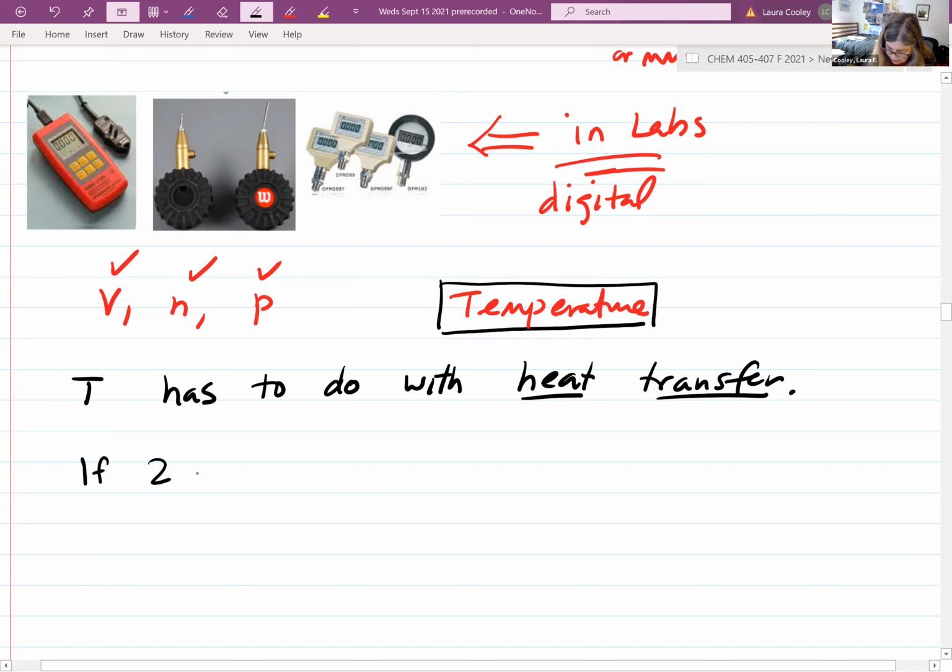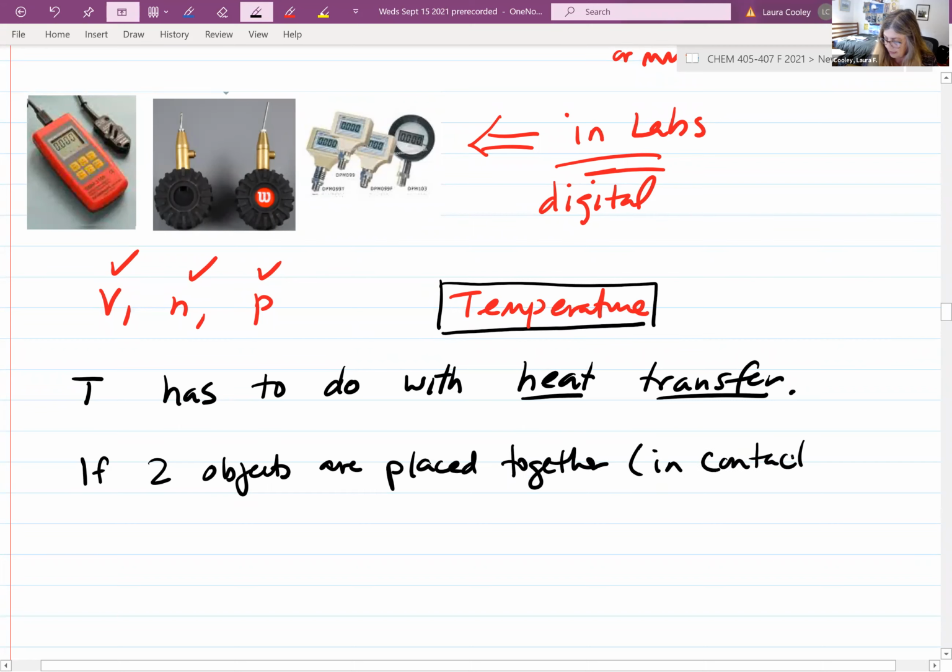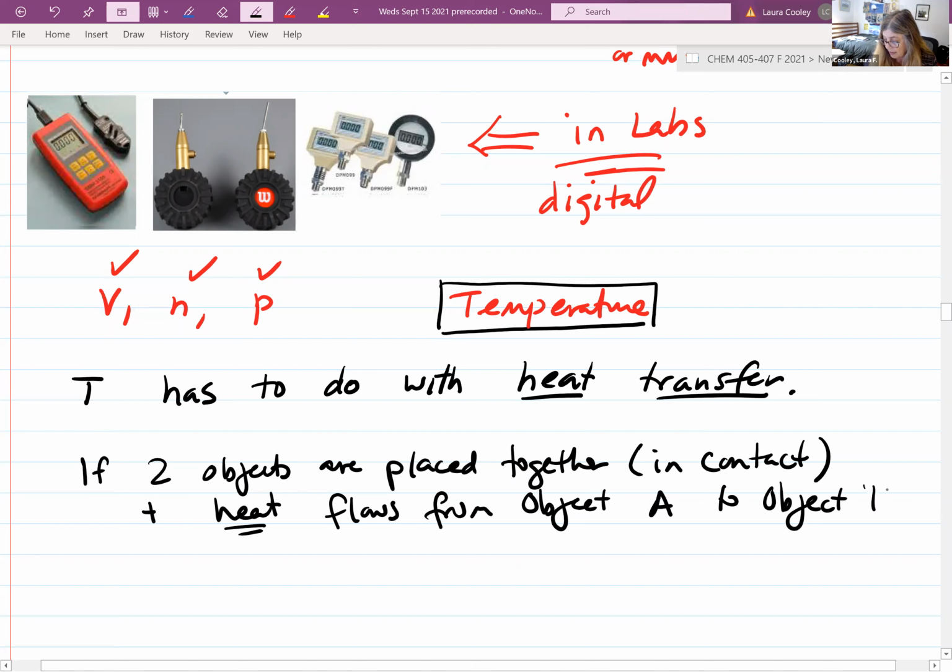If two objects are placed together, in other words, they're in contact, and heat flows from object A to object B, then we can conclude the following.